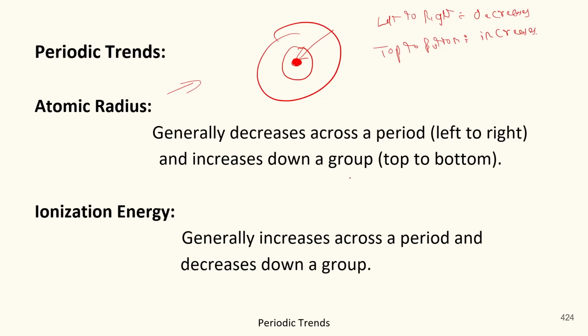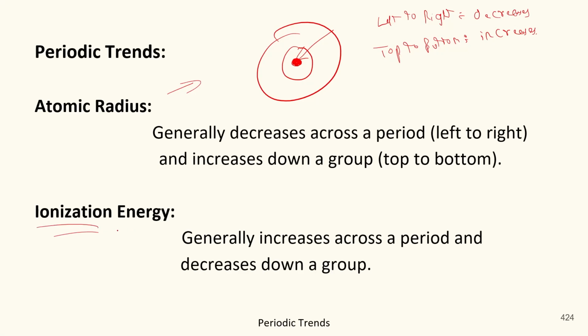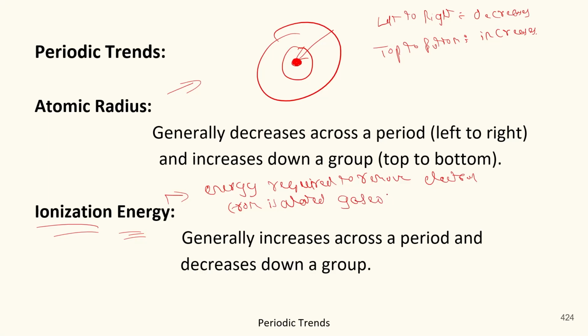Now the ionization energy. So basically the ionization energy is the energy required to remove an electron from an isolated gaseous atom. Okay, so it is a simple definition of the ionization energy. Got it?